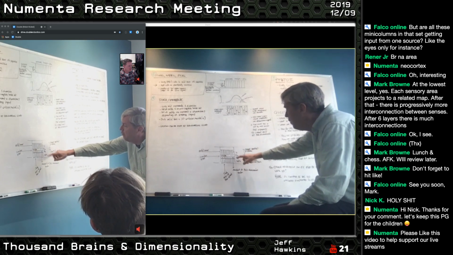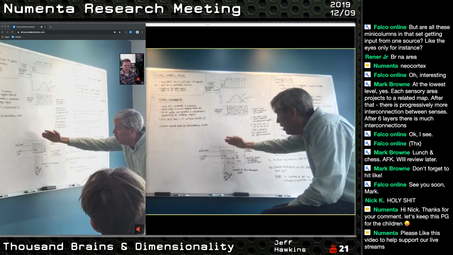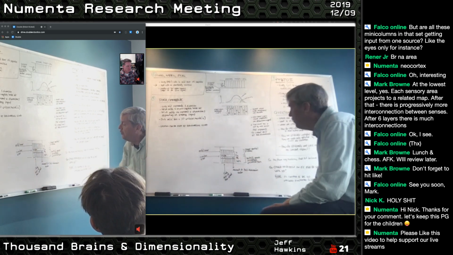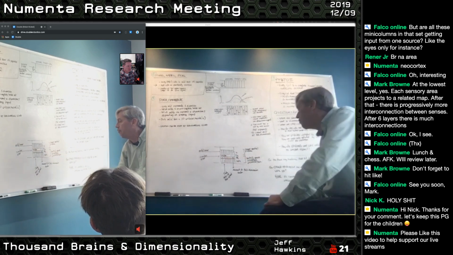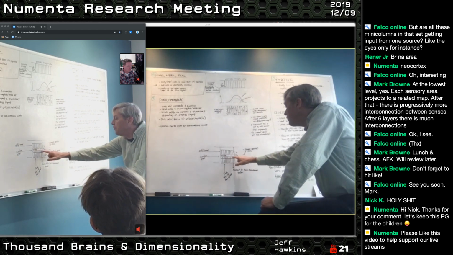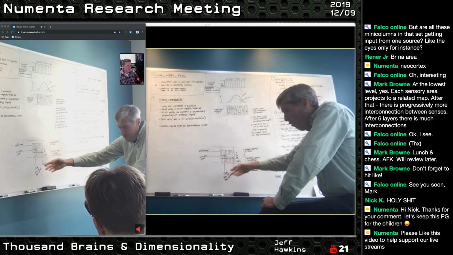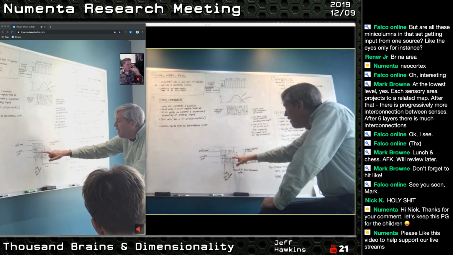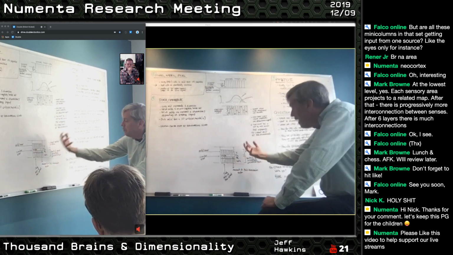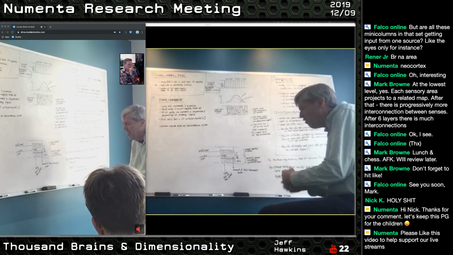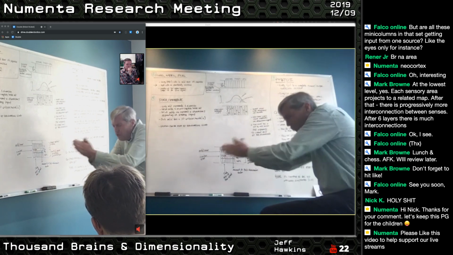Notice that we know every column has a motor output. There are these layer 5B cells, which are motor output, so we assume they're in every mini column. One way to interpret this, and I'm not even explaining how it might get generated, is that if I had a layer 5B cell here and it becomes active, that would be a scalar of how much I want to move in this direction.